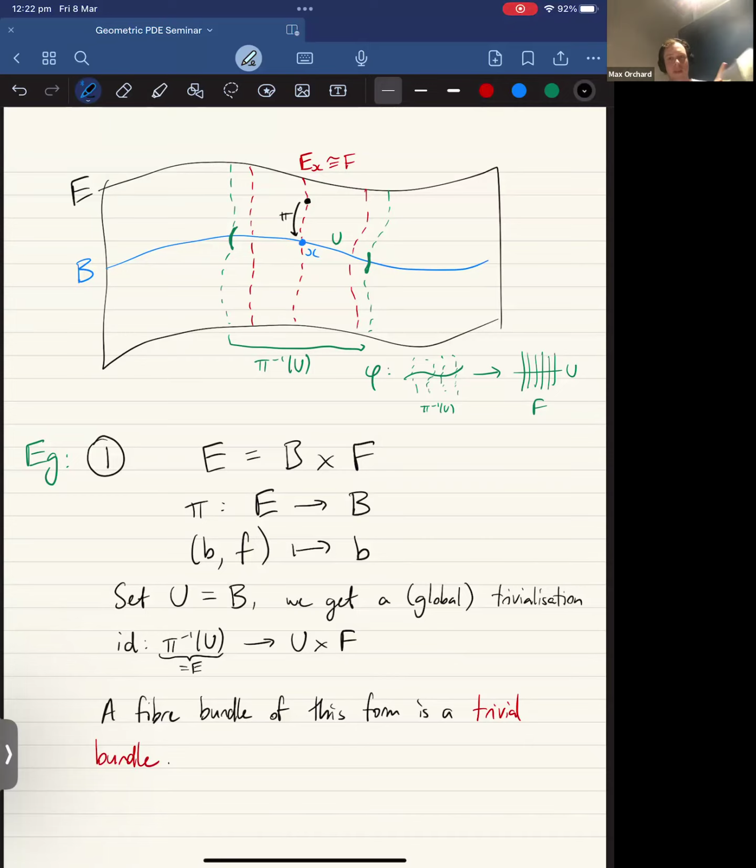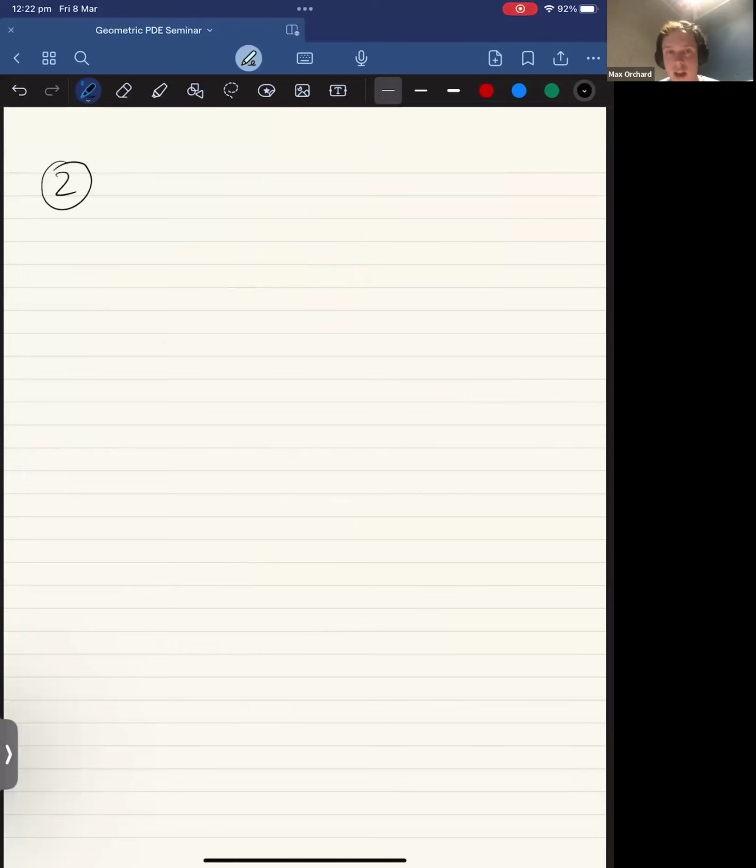Okay, so let's do another example. I'm going to take the base space to be the circle. And I'm also going to take my fibers to be the unit interval [0, 1]. Now, if we were looking at a trivial bundle, this would just be some sort of cylinder, right?